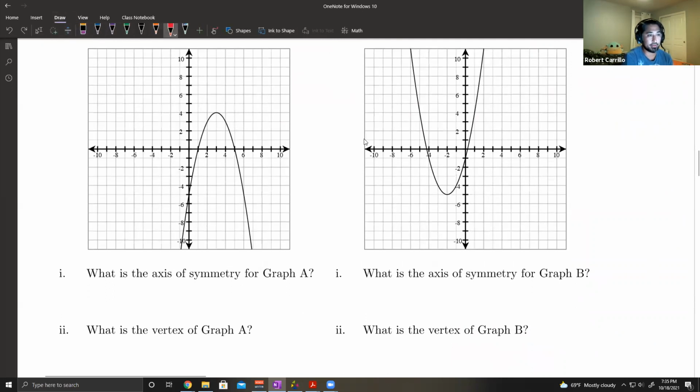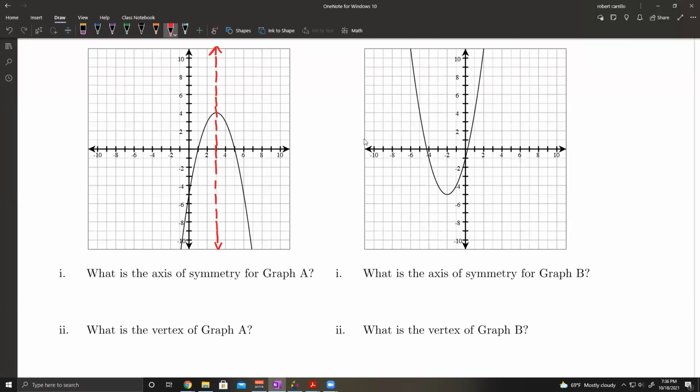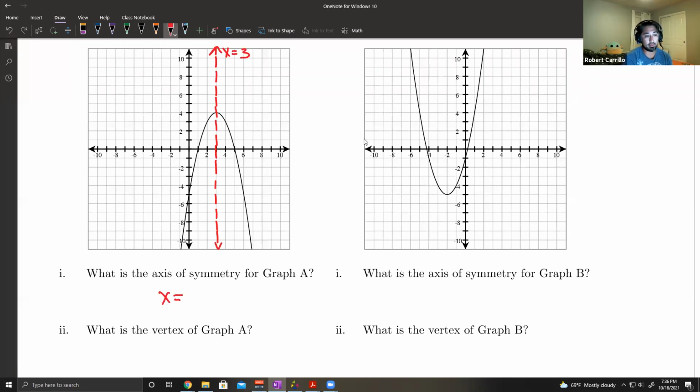Remember, the axis of symmetry is the line that cuts straight through the middle. So that line cuts straight through what x value? 3. Good. So our axis of symmetry is going to be x equals 3.